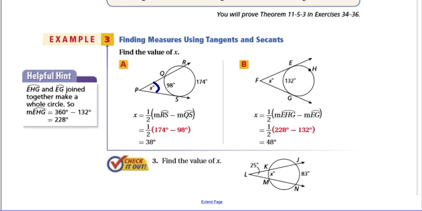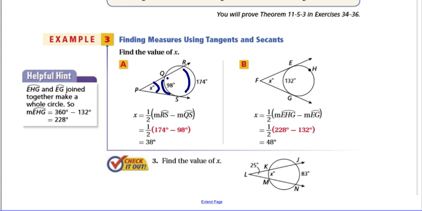So x equals half the measure of arc RS minus the measure of arc QS. So half of 174 minus 98 equals 38.